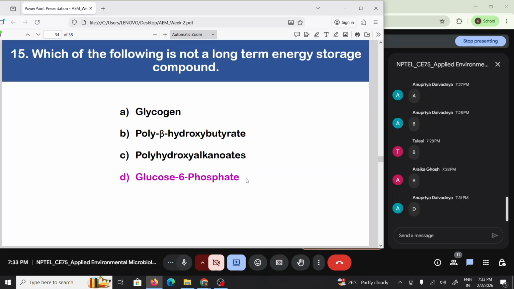And PHAs and PHBs, maybe you might have heard of it in that way, where the microbial cell tries to produce these polymers, which are long-term energy storage compounds, and when in need, it breaks down this compound for energy if there is some energy shortage.